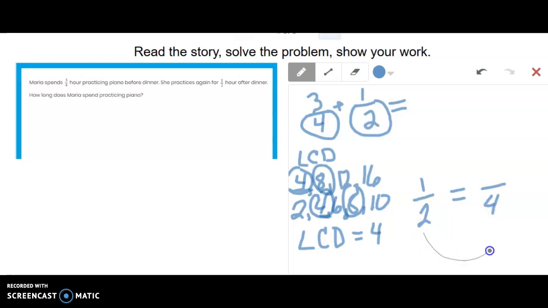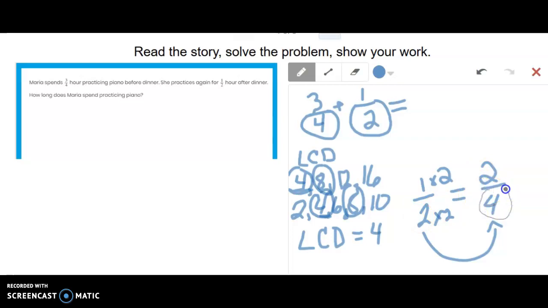So to get from 2 to 4, I'm going to multiply 2 times 2. And whatever I do on the bottom, I have to do on the top. So my numerator is going to be 1 times 2, and that gives me 2. So now the equivalent fraction to 1/2 that equals the same value is 2/4.